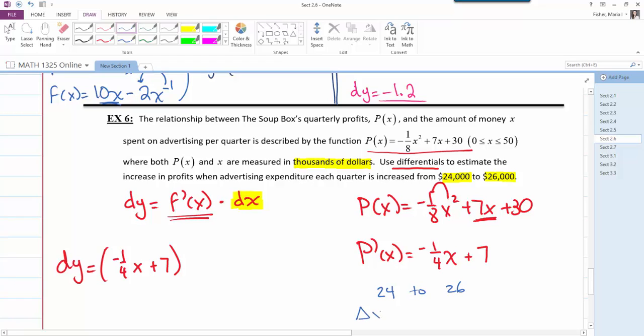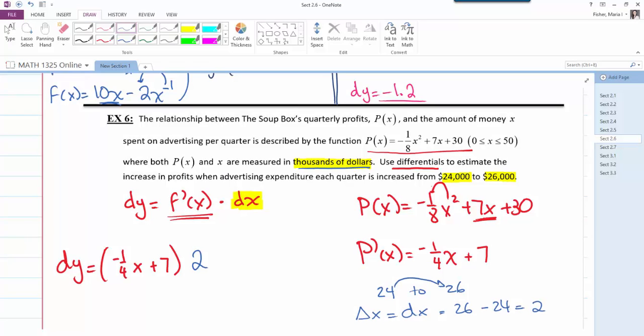So our delta x, which is the same as our dx, is a movement from 24 to 26, or 2. So our dx is equal to 2. Why? Because we increased our spending by $2,000. Again, we're measured in thousands of dollars, so our dx is going to equal 2.